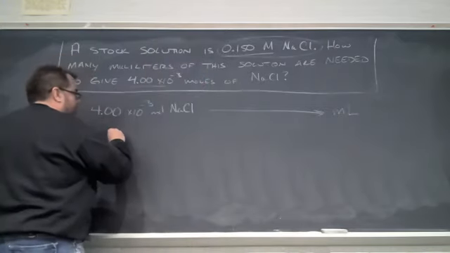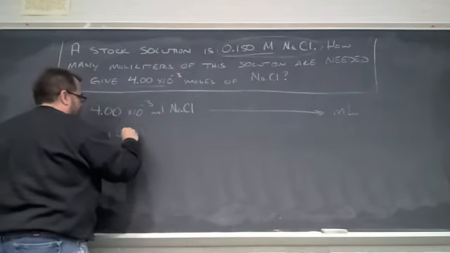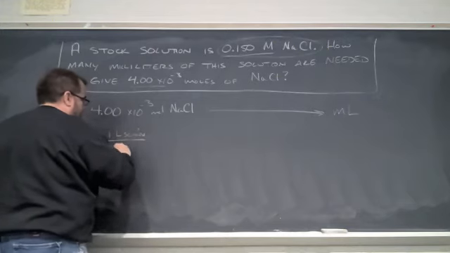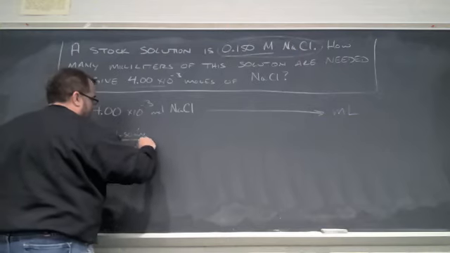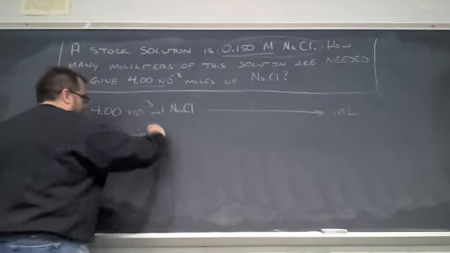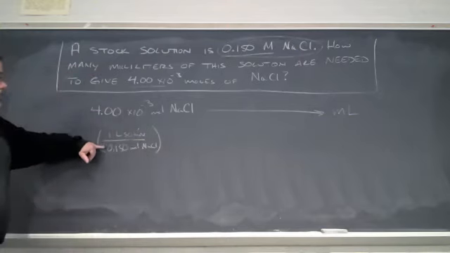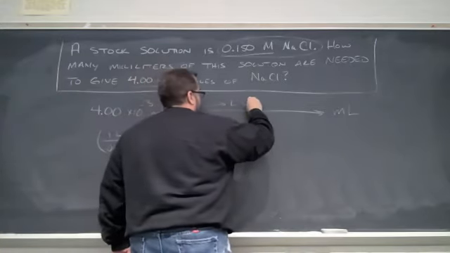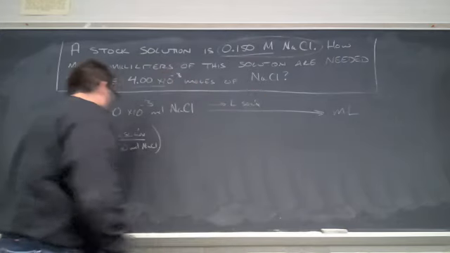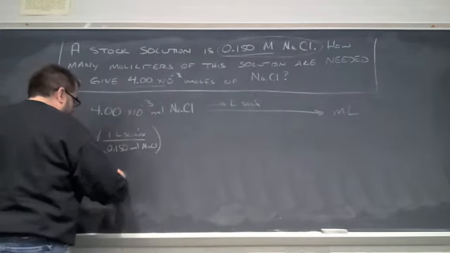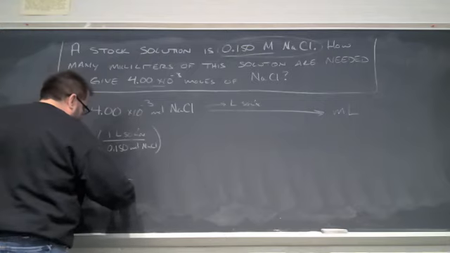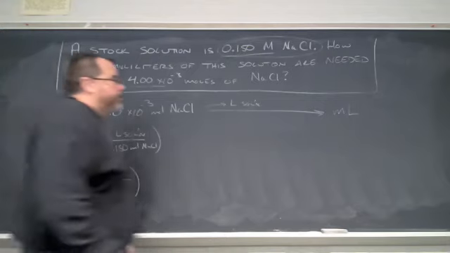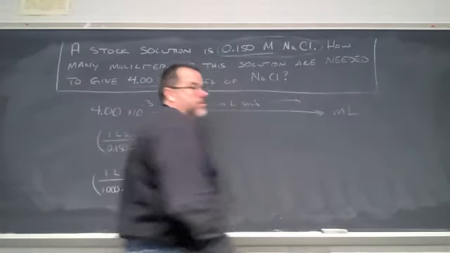And then we could use this conversion factor to convert from moles of sodium chloride to liters of solution. Right. And then we could use this conversion factor to go from liters to milliliters.